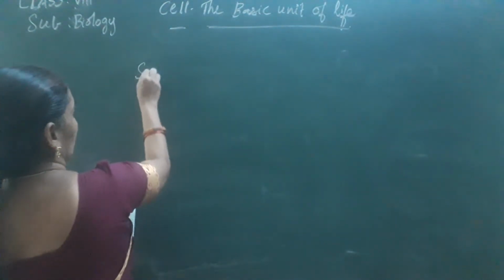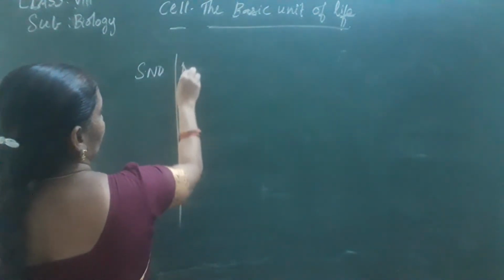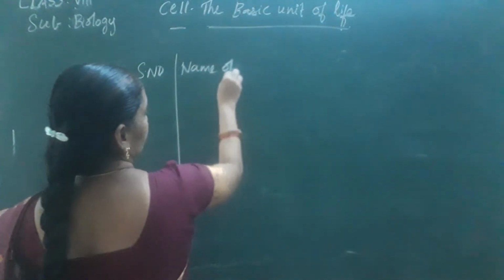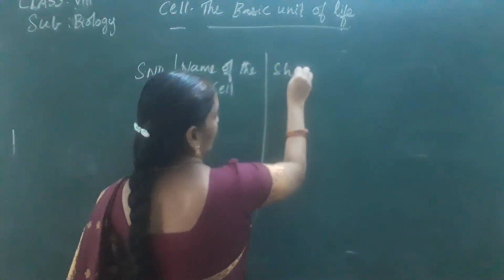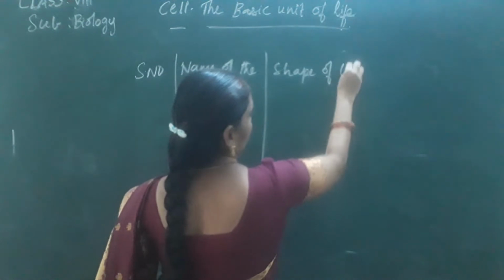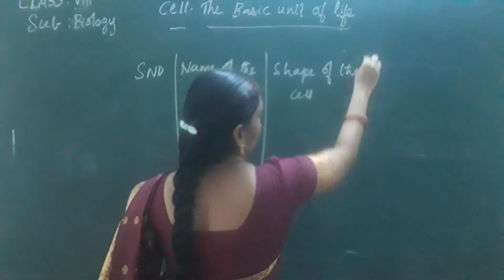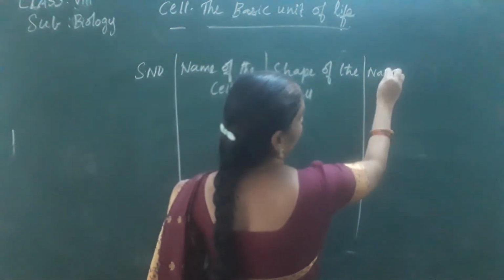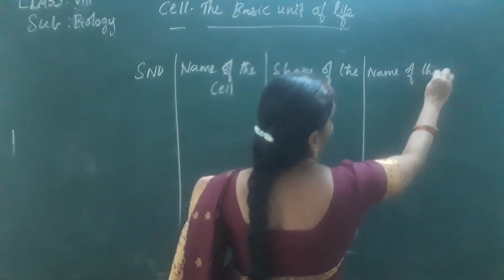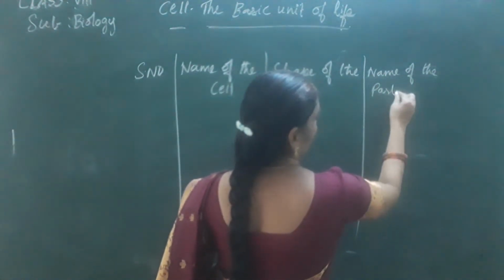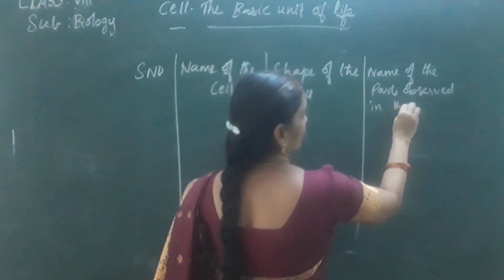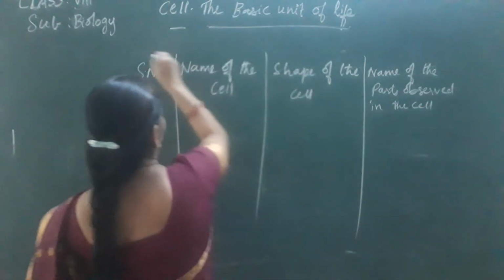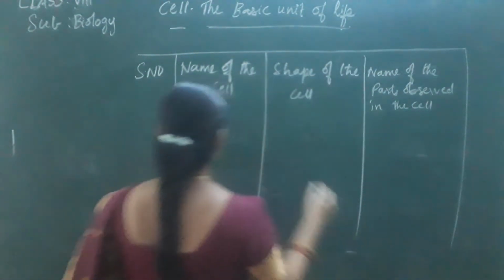Serial number, name of the cell, shape of the cell, and name of the parts observed in the cell. Note down in your notebooks, all of you.